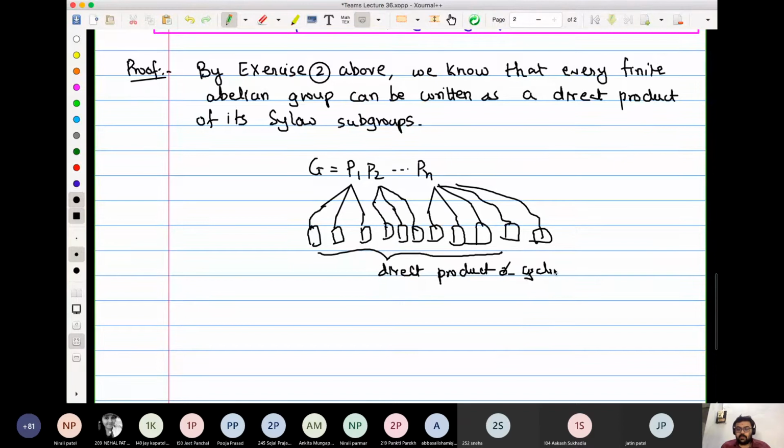So it is sufficient to show that every Sylow subgroup can be written as a direct product of cyclic groups. Then we are done.